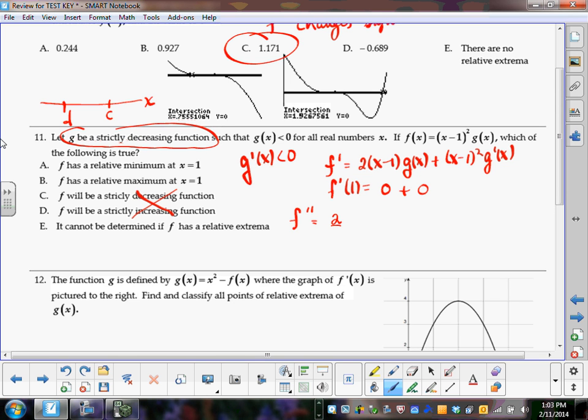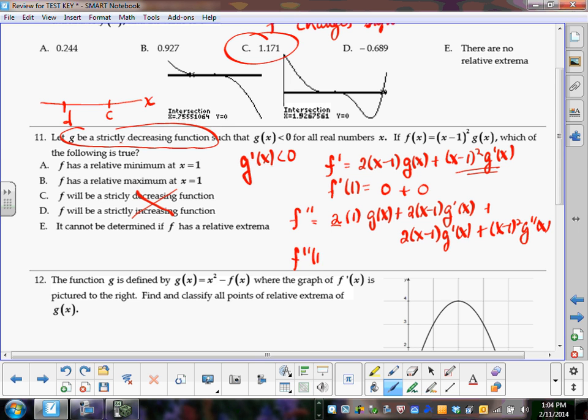We keep the second, and the derivative of x minus 1 is 1. Then keep the second, plus the first, times the derivative of the second, plus the second product is the derivative of the first, keep the second, plus the first, times the derivative of the second.